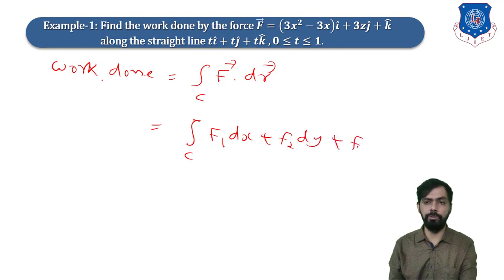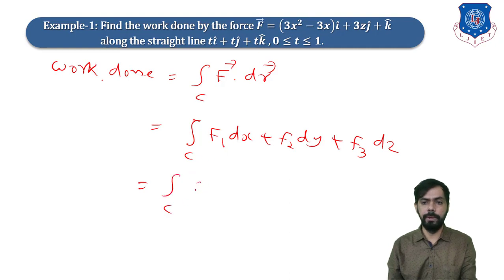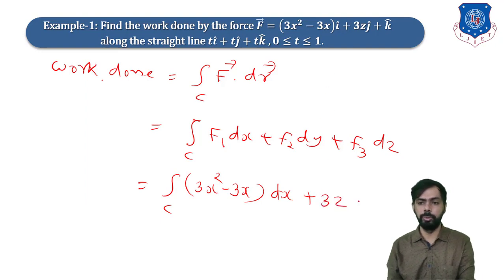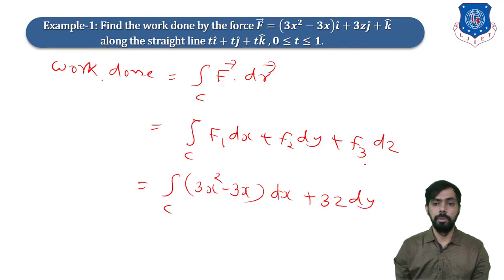Here f1 is the i component of vector F, so it will be (3x square minus 3x) dx, plus f2 is the j component, so it will be 3z dy, and f3 is the k component, which is 1, so plus 1 into dz.